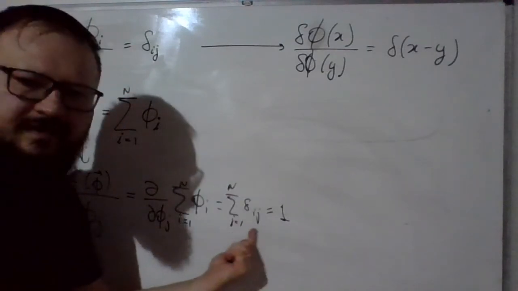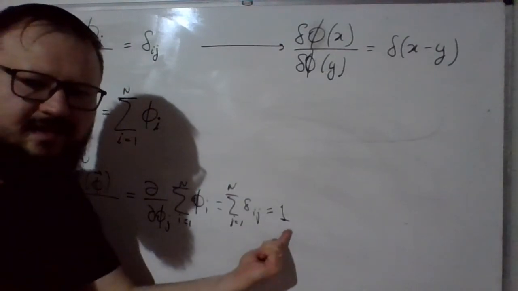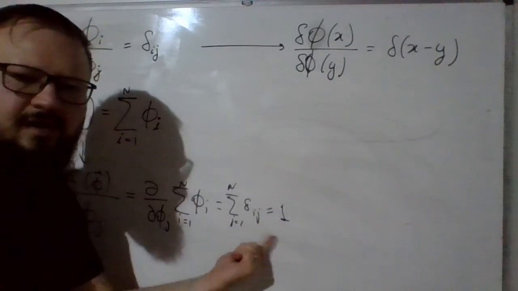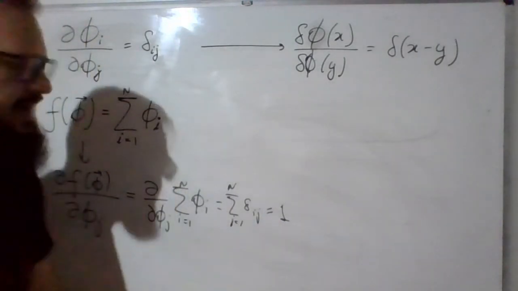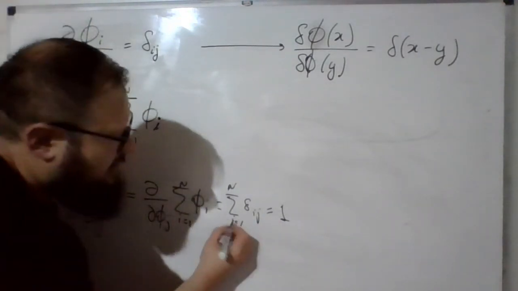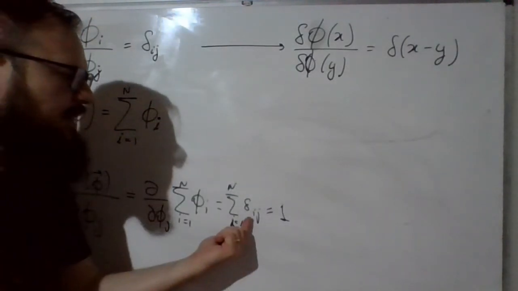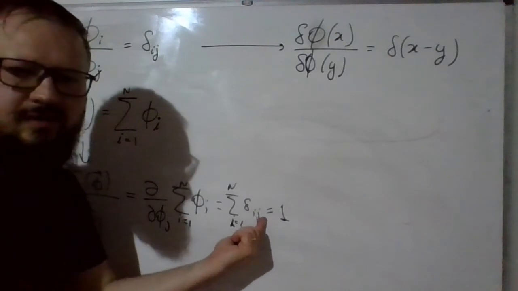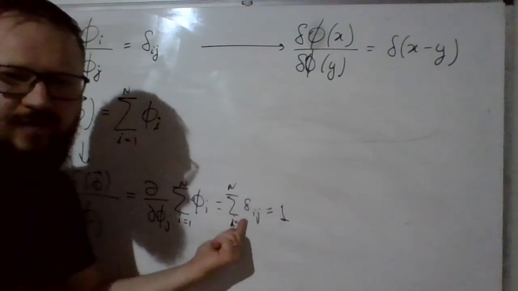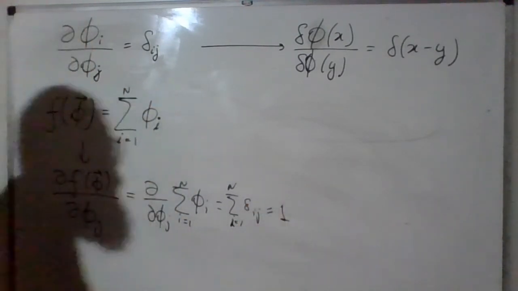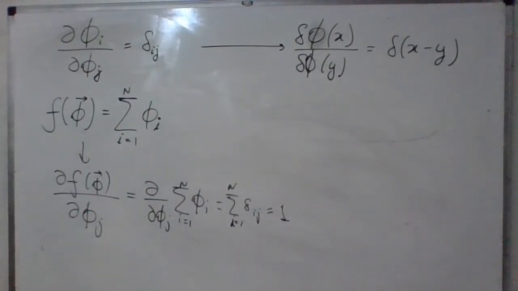At some point I equals j, and in this case this is 1. In all the other situations where I is not equal to j, it produces 0, but when I equals j, it produces 1. So this summation produces 1.